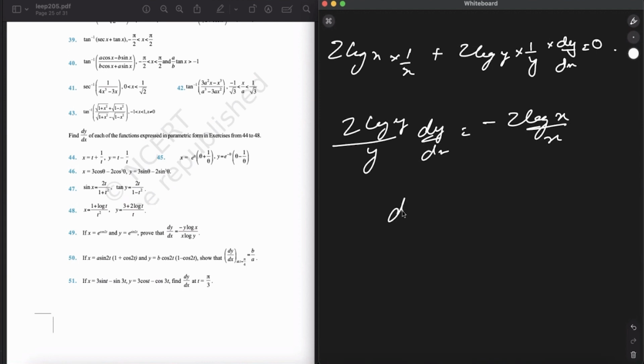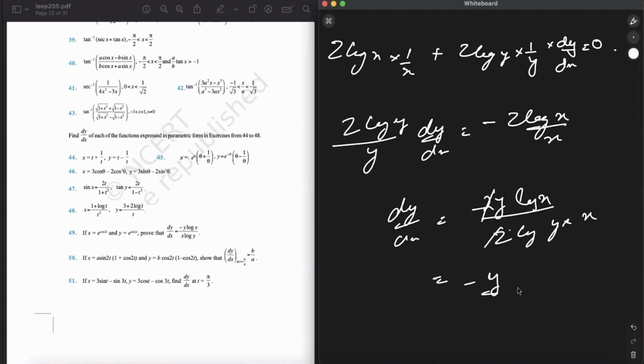Okay. So dy by dx is equal to minus 2y log x divided by 2 log y and then x. So 2 से 2 कट जाएगा and we'll be left with minus y by x. यहाँ पे आएगा log x, यहाँ पे आएगा log y.